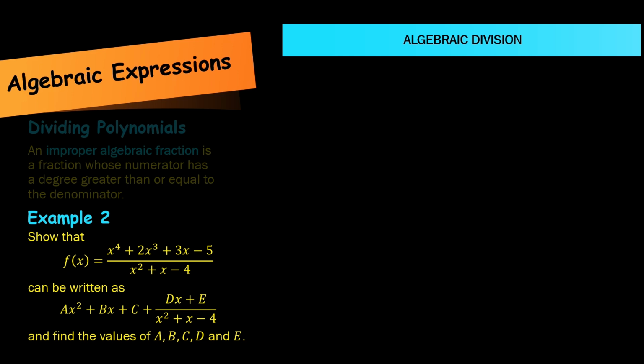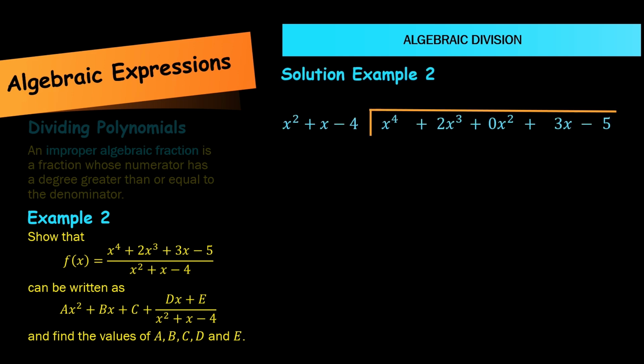So let's solve this. We're going to write our equation out as shown, in the long division format as we did previously. So we have our polynomial divided by x squared plus x minus 4 on the outside of the divisor sign.